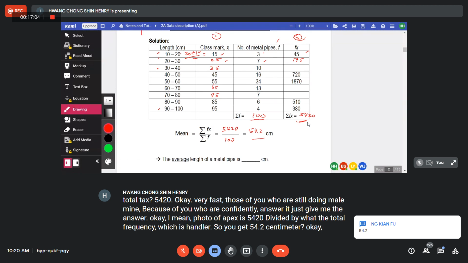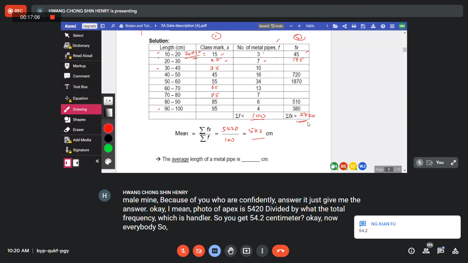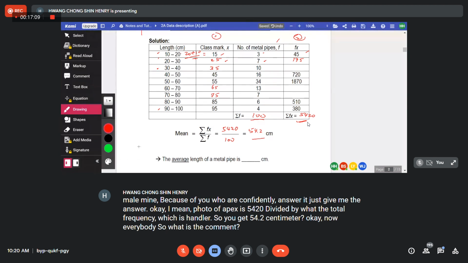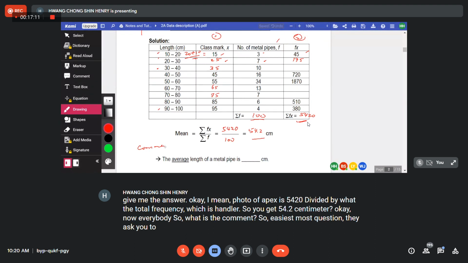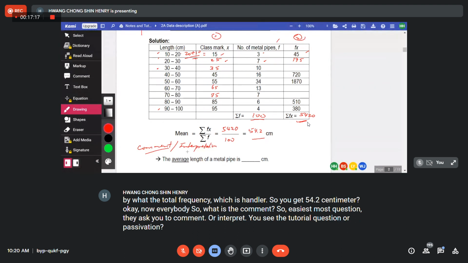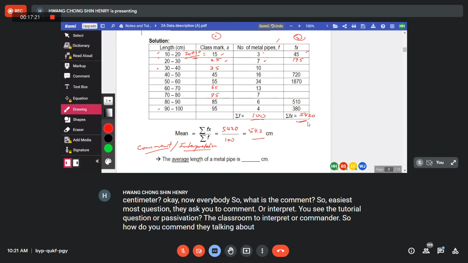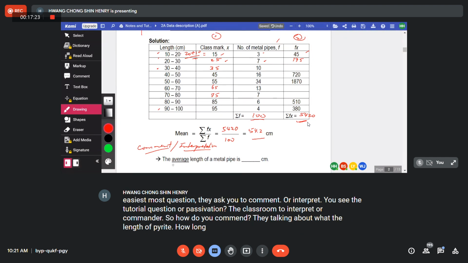Okay, so what is the comment? You see, most questions they ask you to comment or interpret. You see the tutorial question or past questions, they ask you to interpret or comment. So how do you comment? We're talking about what? The length of pipe, right? How long, right? So we must use the word average.